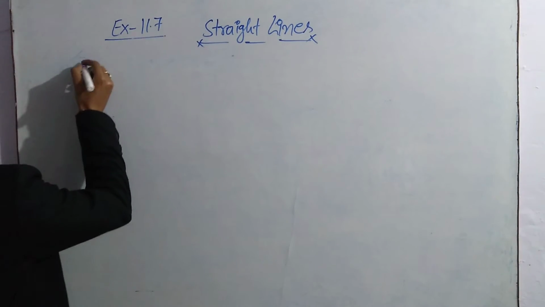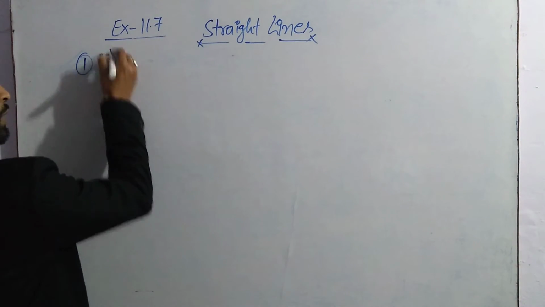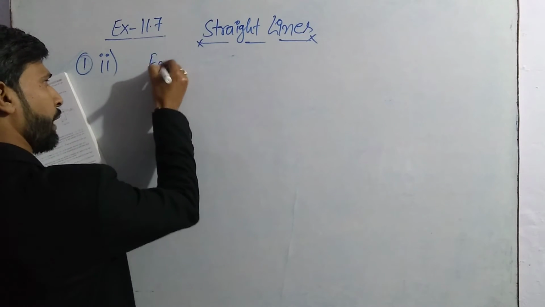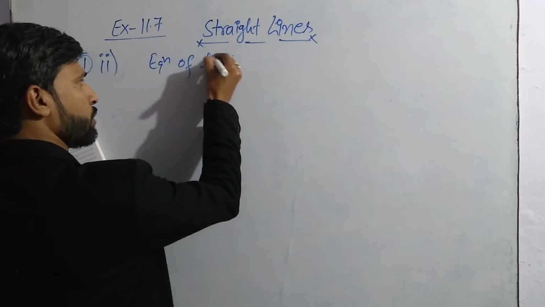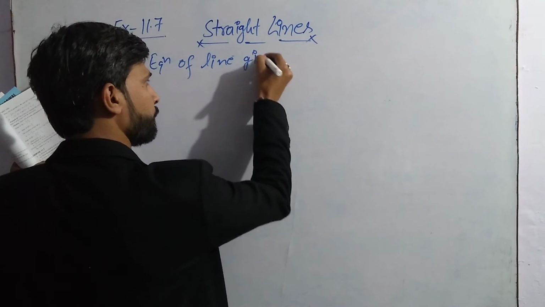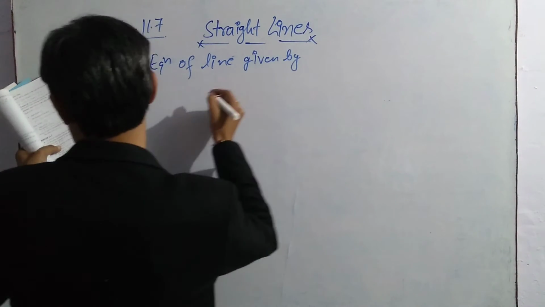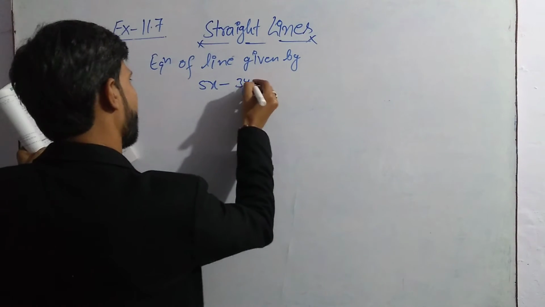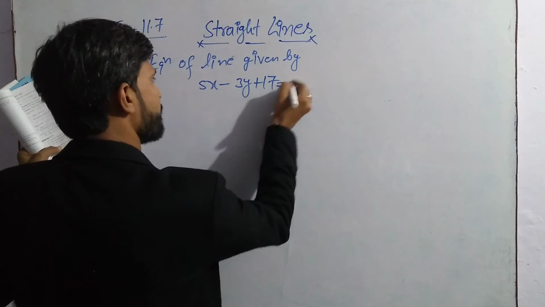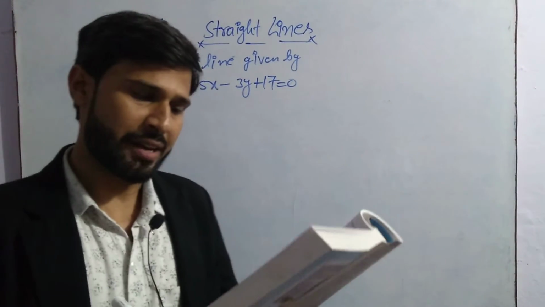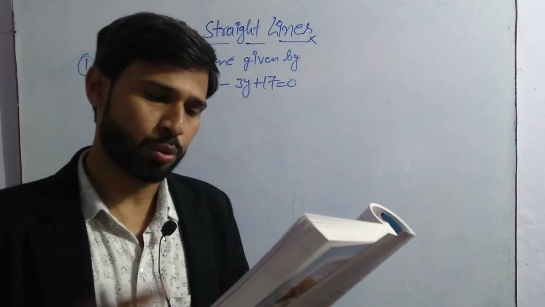The equation of the given line is 5x minus 3y plus 17 is equal to 0. The required line is perpendicular to it and passes through the origin.